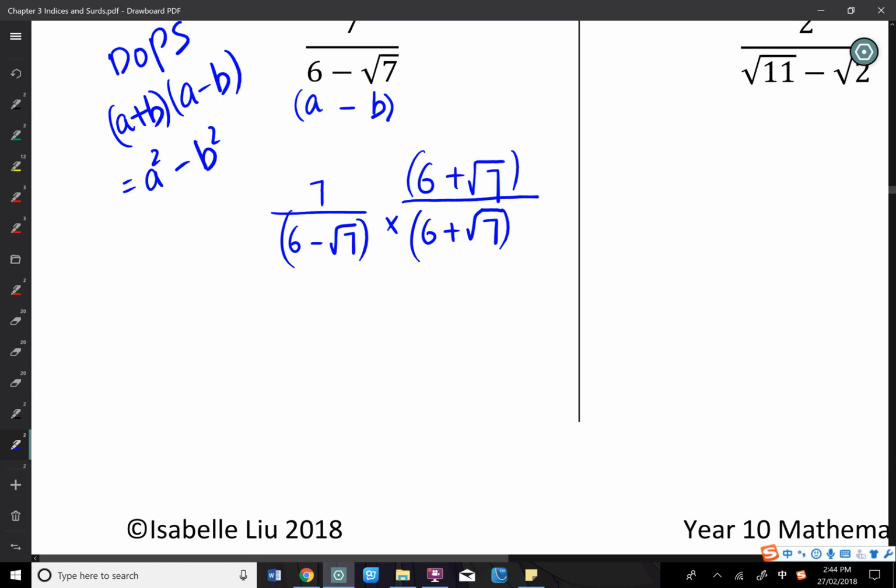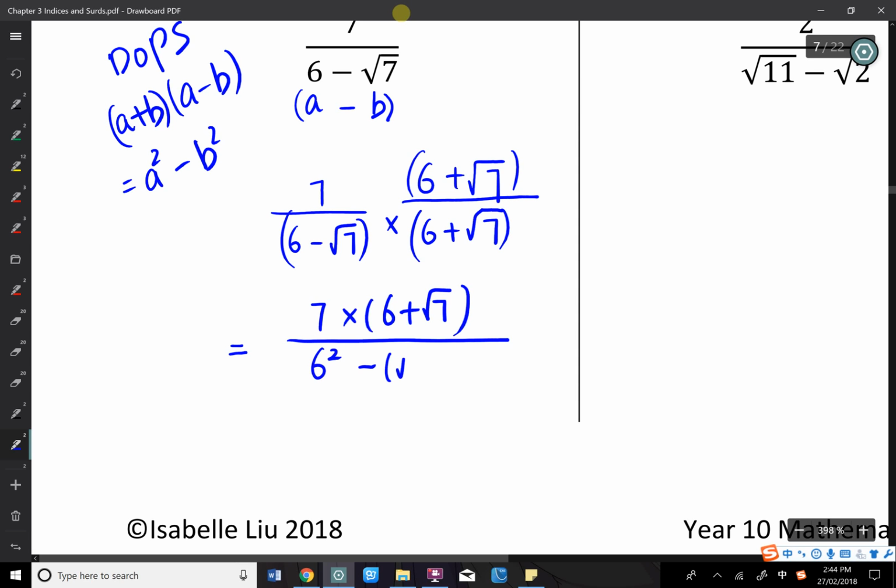If you have a plus b, then you times a minus b. It just depends on what you have. And then the top becomes 7 times by 6 plus root 7. And the bottom, okay, that's a minus b times by a plus b. That's 6 squared minus root 7 squared.